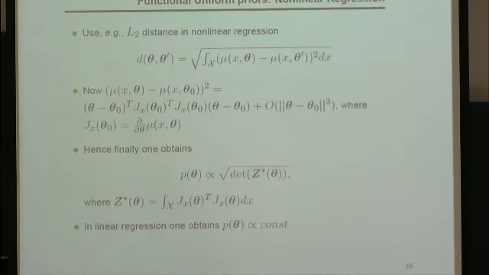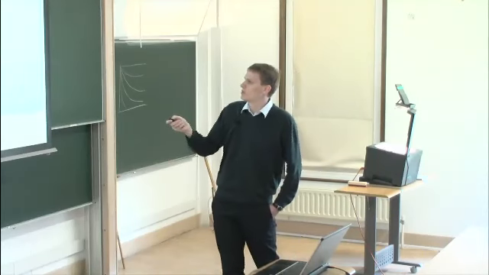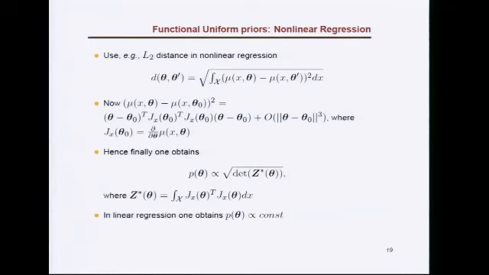And this again looks quite familiar, because if you have a normal distribution and homoscedastic variance, this is essentially the Fisher information but integrated with respect to a uniform distribution of the x. In the linear regression setting, you obtain a prior distribution that's just constant, because this derivative here does not depend on the thetas, which is the familiar distribution that you would use in a linear regression.